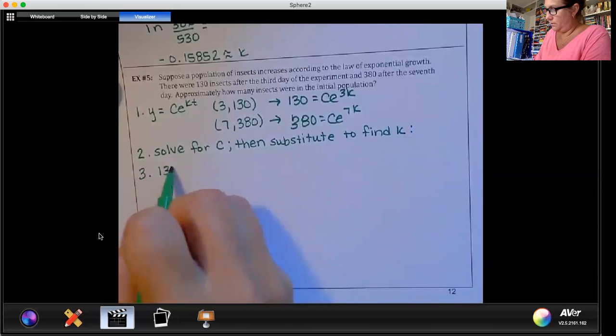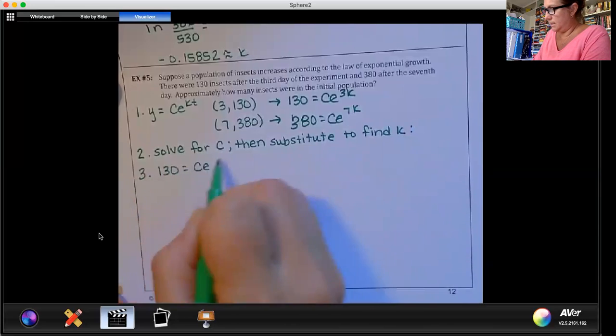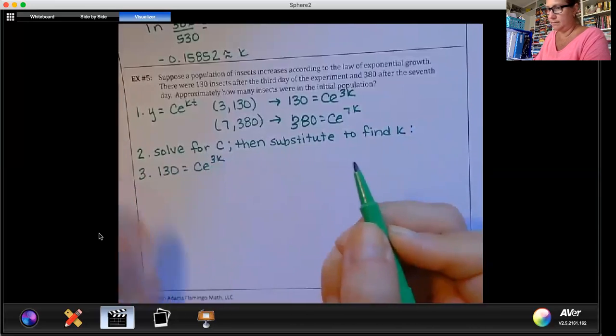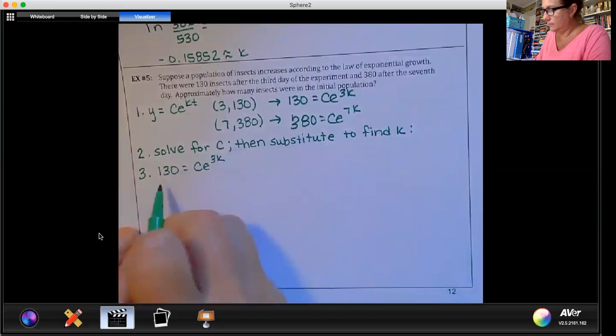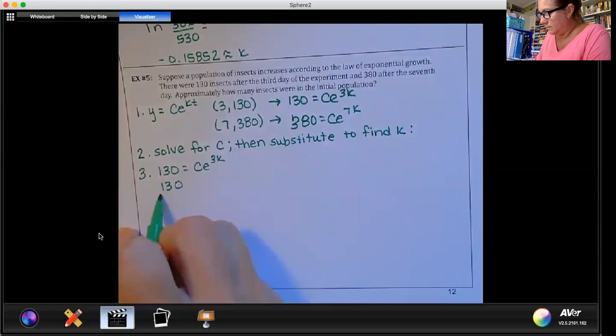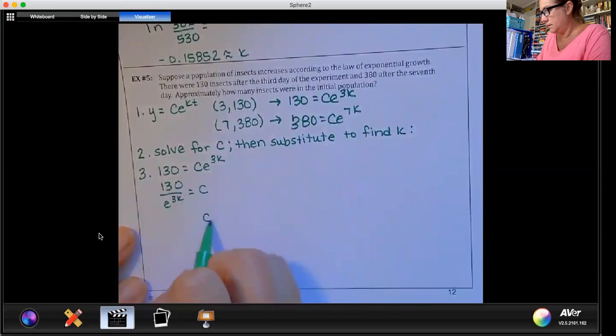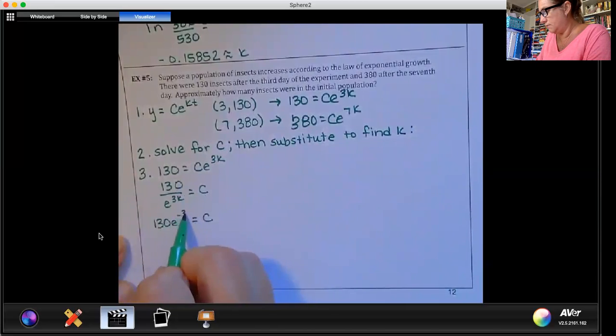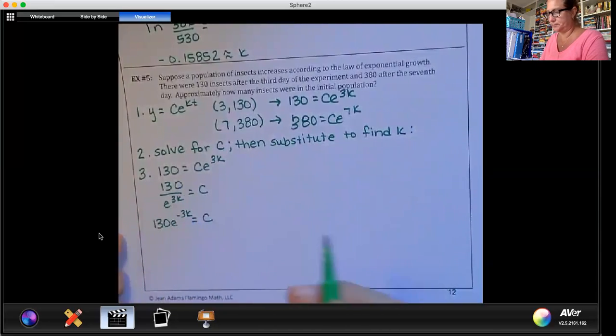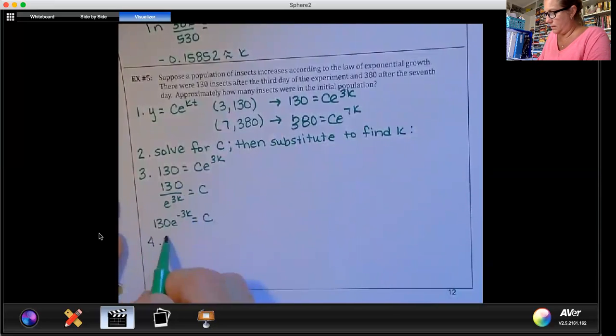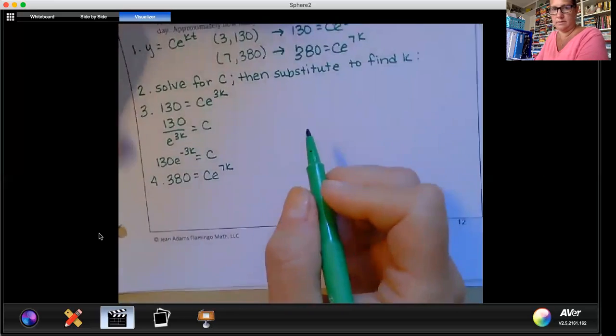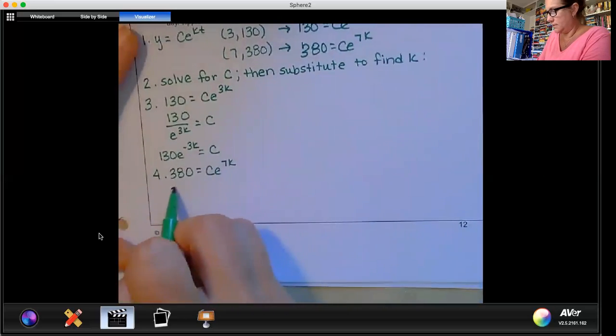So 130 equals Ce to the 3k. 130 divided by e to the 3k equals C. So C equals 130 e to the negative 3k. And 380 equals Ce to the 7k, substituting that value for C.